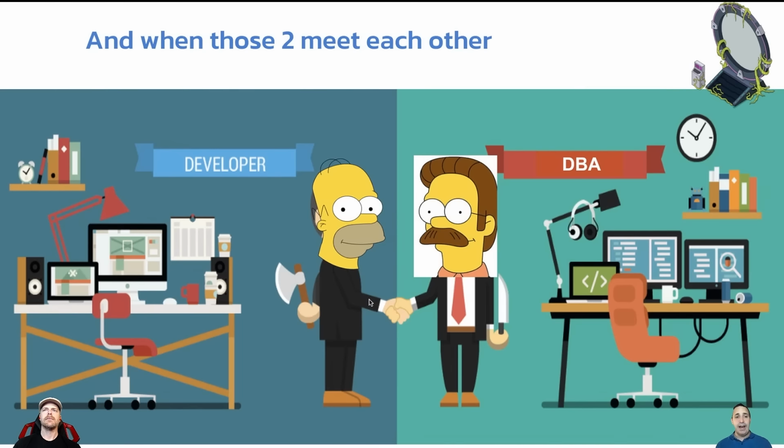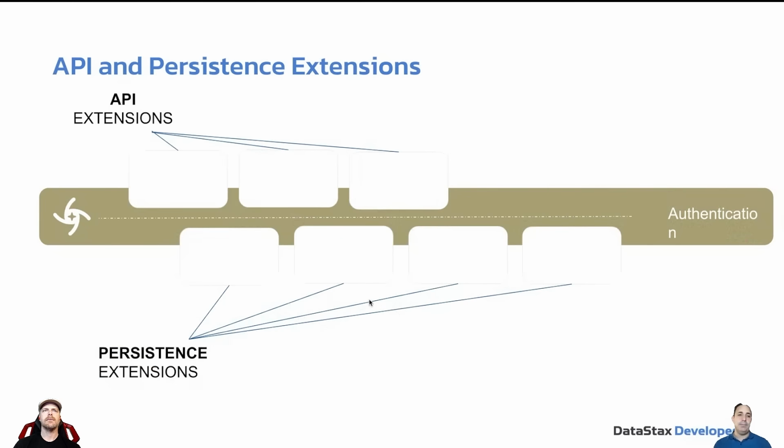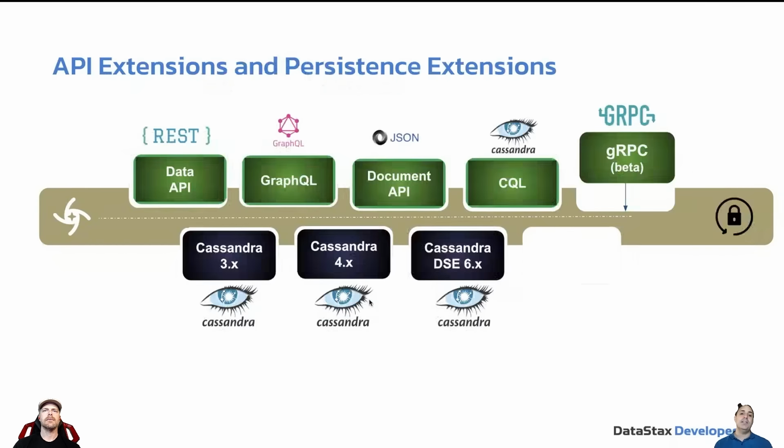So to cope with that, hey, this is the gateway. It introduces loose coupling between the persistence extension and the API extensions. At the persistence extension, no surprise, you will see multiple distributions of Cassandra, 3.x, 4.x, released this year, super exciting, great improvement in performance, and the DSE Enterprise 6.x.